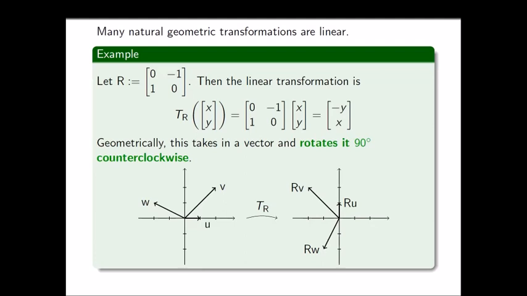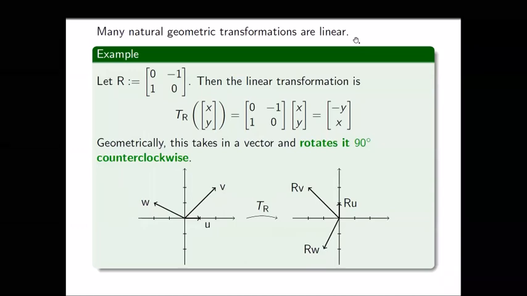And if you throw in a vertical vector, it's going to make it horizontal by rotating it 90 degrees counterclockwise. This transformation is an example of a geometric transformation, and this is clearly a rotation transformation. Similarly, we can write matrices for reflection and projection as well.